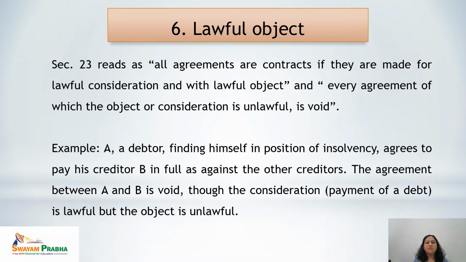A debtor, finding himself in position of insolvency, agrees to pay his creditor B in full as against the other creditors. The agreement between A and B is void, though the consideration, that is a payment of debt, is lawful, but the object here is totally unlawful.